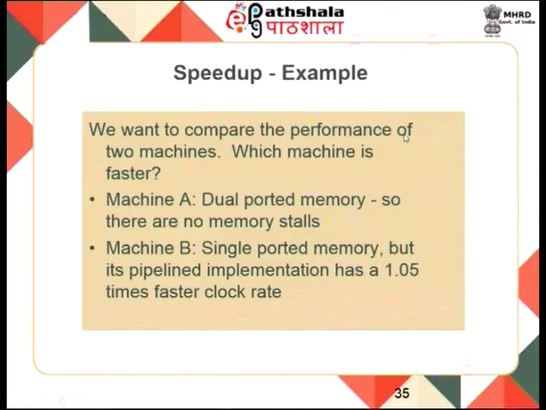Now use this pipeline speedup and look at an example. We want to compare the performance of two machines and find out which machine is faster. One machine has a dual ported memory so that there are no memory stalls, so you can handle a data fetch and an instruction fetch simultaneously. The second is a single ported memory, but its pipelined implementation has a 1.05 times faster clock rate.